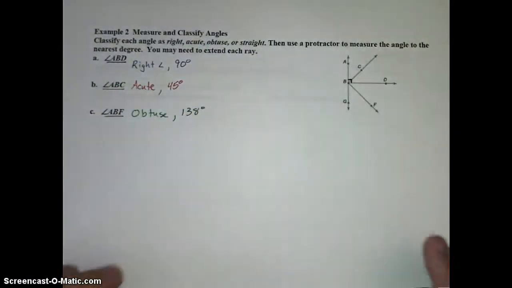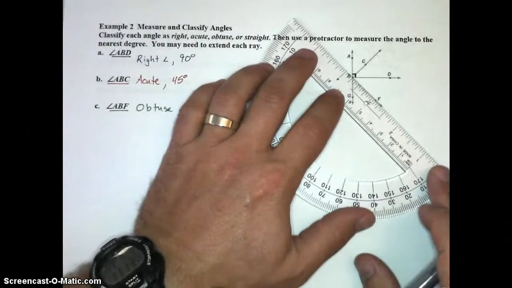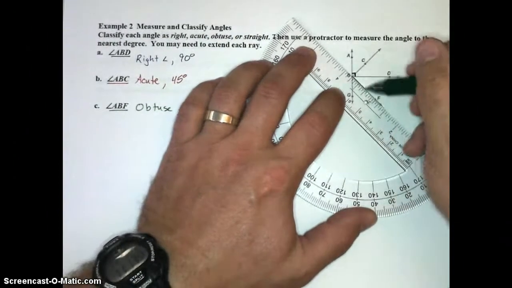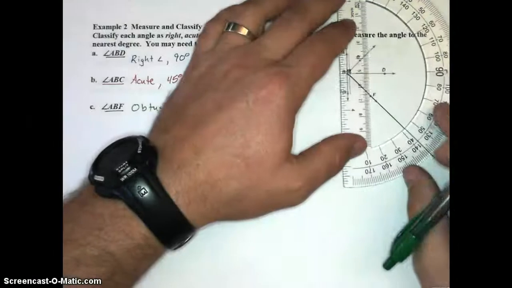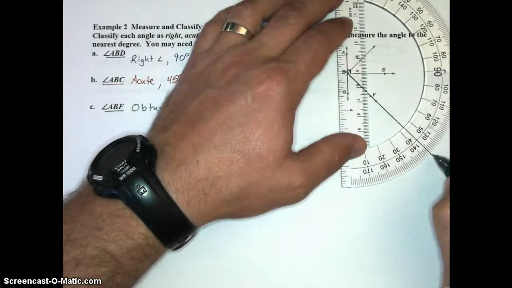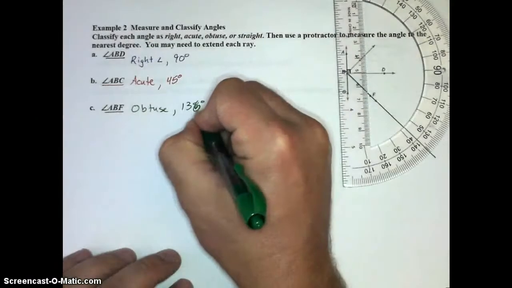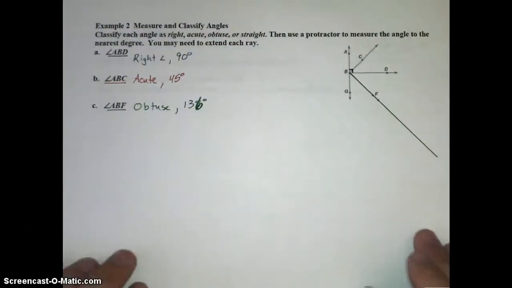And again, extending those lines is going to help us see that even better. I'll use my bigger one here to show you. In this case, we look to be about 136 when I extend that line, and that's okay. If I want to call it 136 instead, I can. As long as you're fairly close with your measurements, you'll get points.